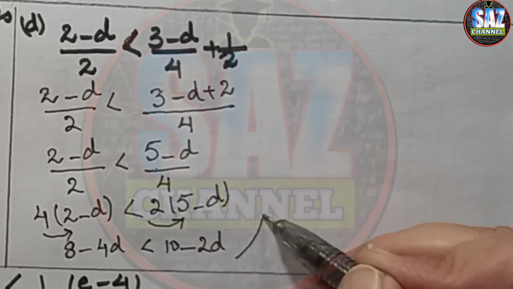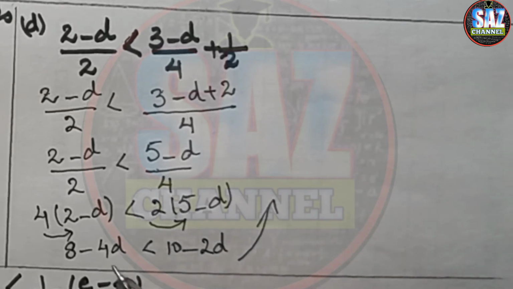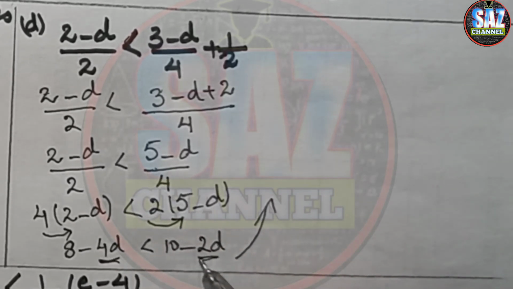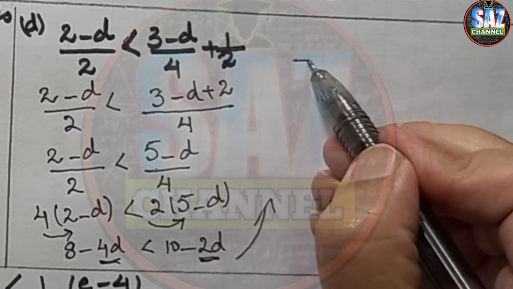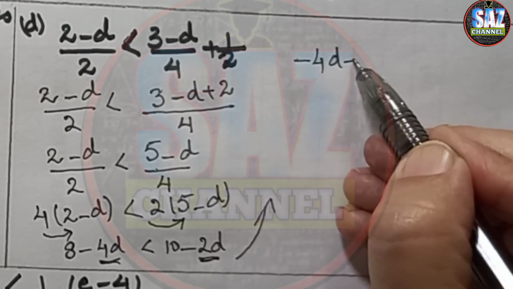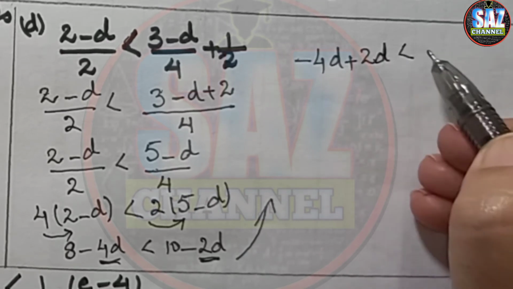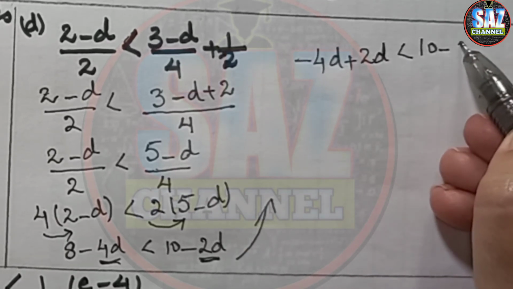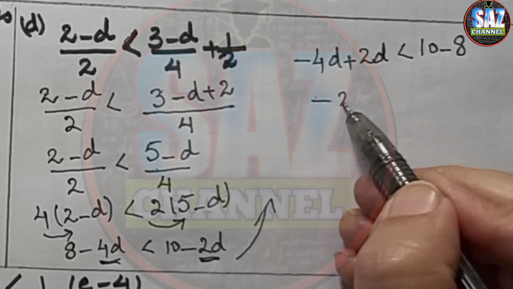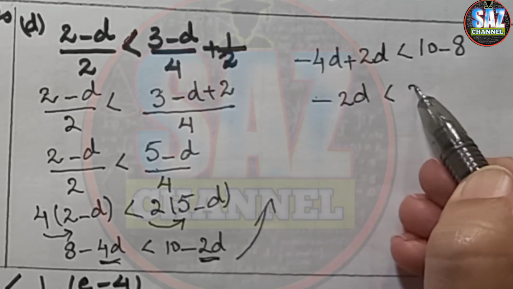Let me move to this side. And now the letter that we want to make the subject of the formula is on both sides. Minus 4d plus 2d is less than 10 minus 8. Minus 2d is less than 2.